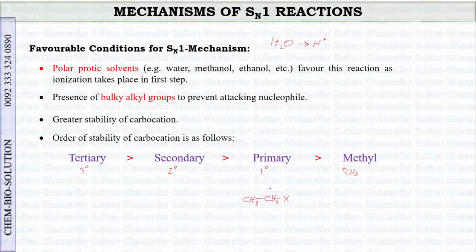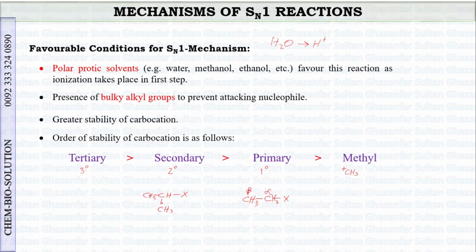So this is the alpha carbon, and it has only one beta carbon, so it is called a primary alkyl halide. And if there are two beta carbon atoms in an alkyl halide, for example, you can see here, this is the secondary alkyl halide.